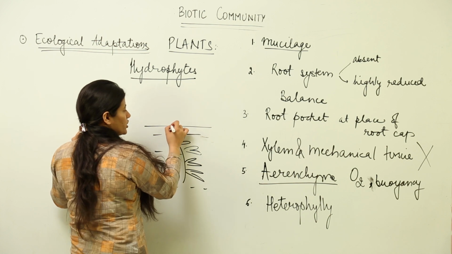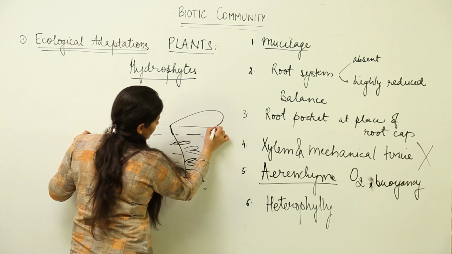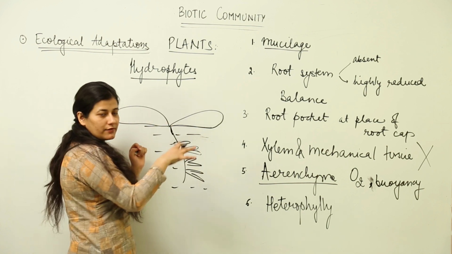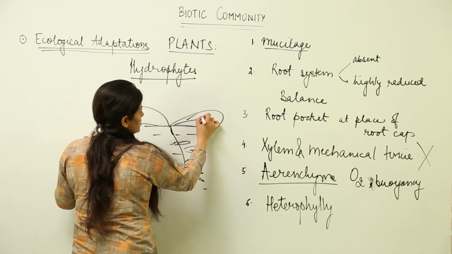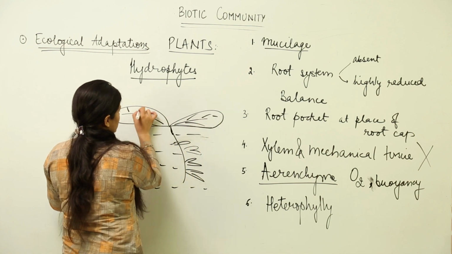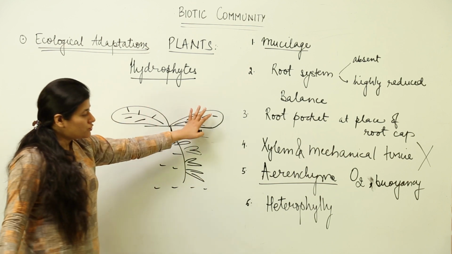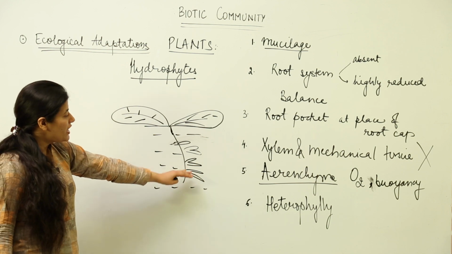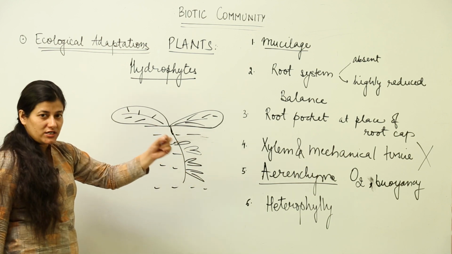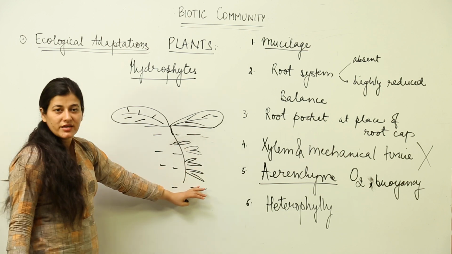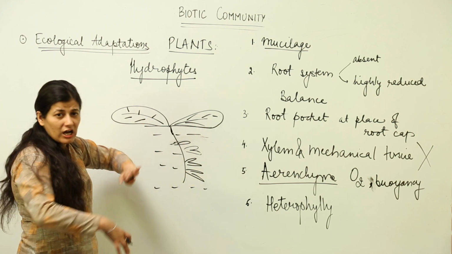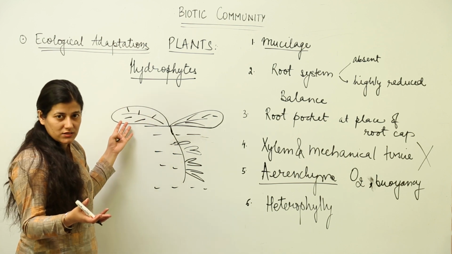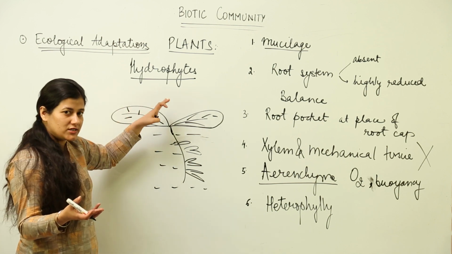But the leaves which are present on the surface, they often have a huge cuticle, a waxy covering, and a large sized petiole is present. So you're going to find two types of leaves within the same plant, and that is known as heterophyly, where we have short pointed small leaves which are present in water, and large petiole, large leaf blade is present on the leaves which are exposed.